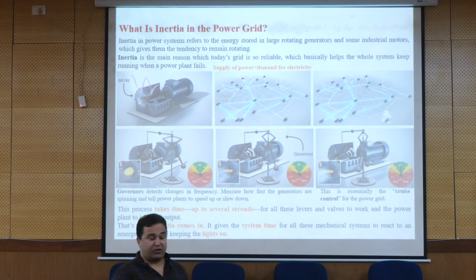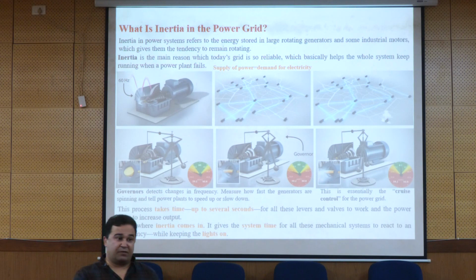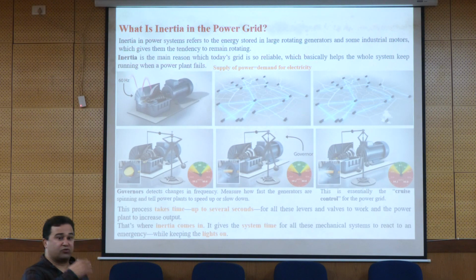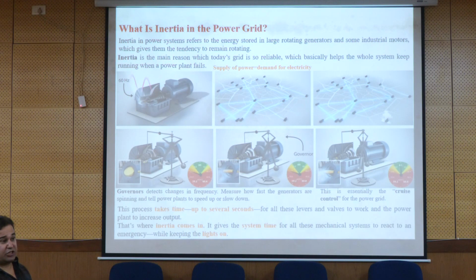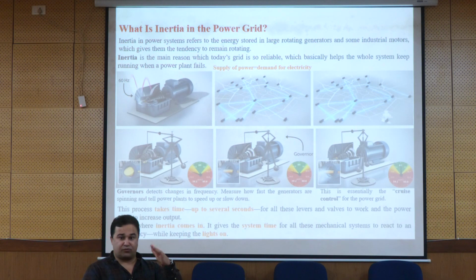The governor detects the frequency, and based on that provides the information to the generator to increase the speed or reduce it. So when the fault happens, when the generation is less than consumption, it means that we need to increase the speed. Assuming that the fault happened, detection has been done by the governor because the frequency dropped.